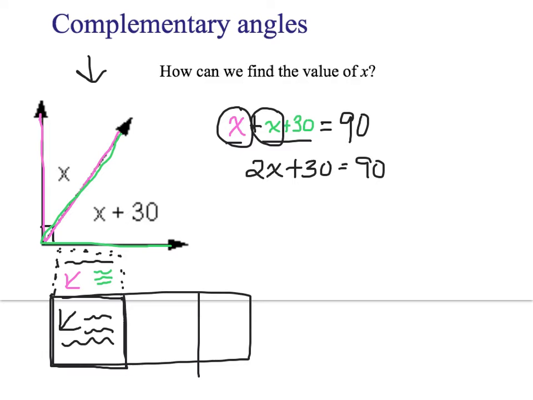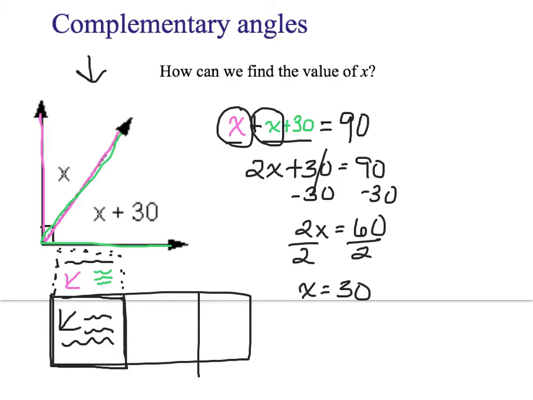So to get X by itself, I get rid of my constant of 30 by subtracting. I'm left with 2x equals 60. I'm going to divide both sides by 2, and I get X equals 30. So my value of X is 30, or 30 degrees. So that is a quick overview of complementary angles. They are any angles that add up to 90 degrees.